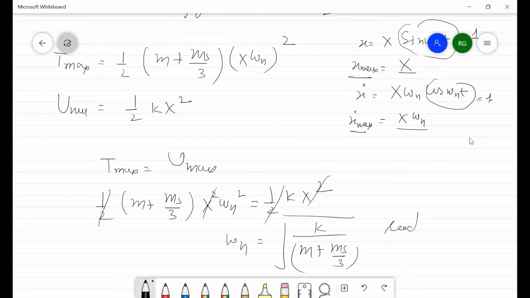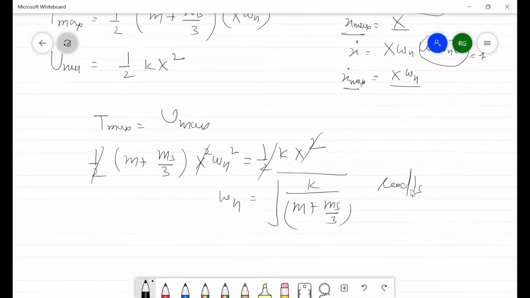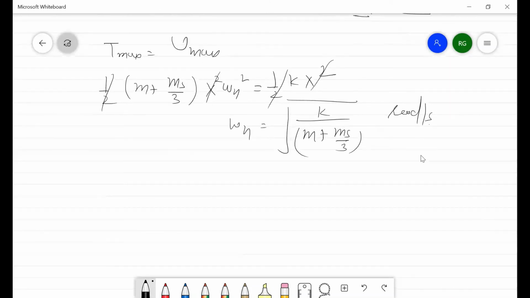radian per second. From this formula we can give a statement: if we attach a mass equal to 1/3 of the mass of the spring at the place where the spring is attached to the system, then we can consider the effect of the inertia of the spring on the natural frequency of the system.